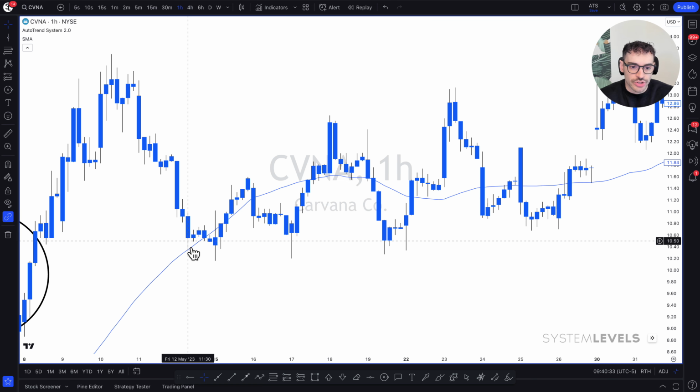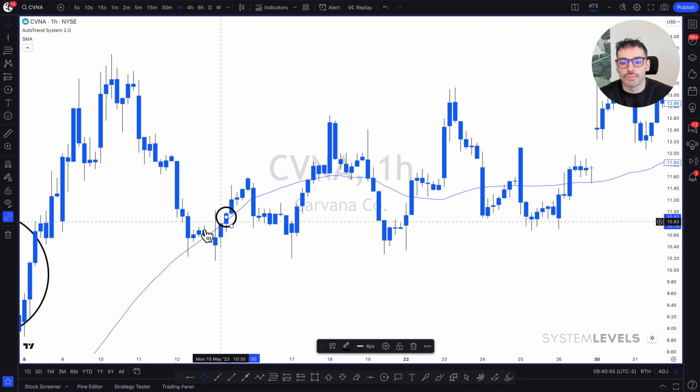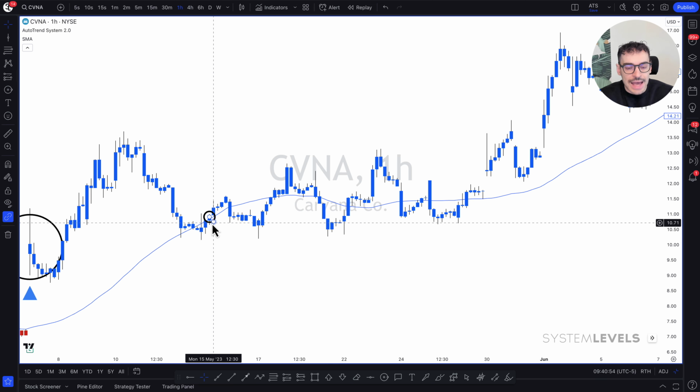If this is the first bar that hits the moving average, then I would be entering somewhere like here, when I can see that price starts to continue in the desired direction, in this case, moving back higher. So when that happens, I can set up a trade.